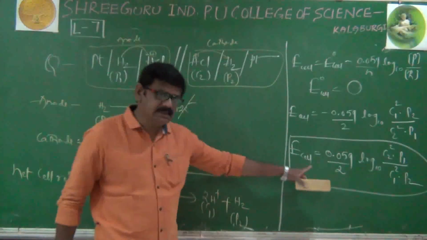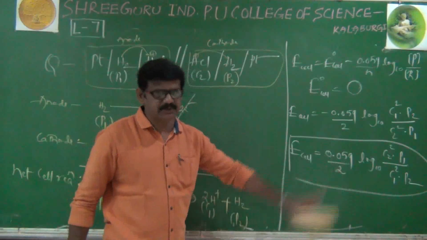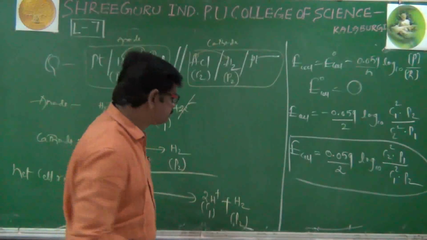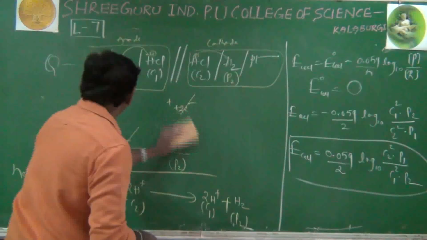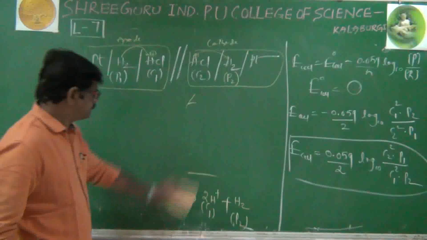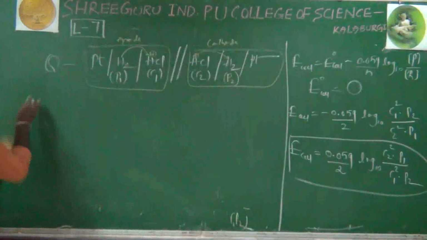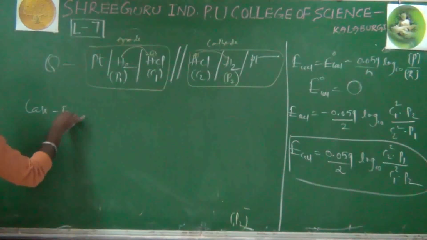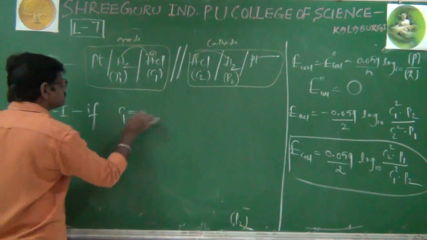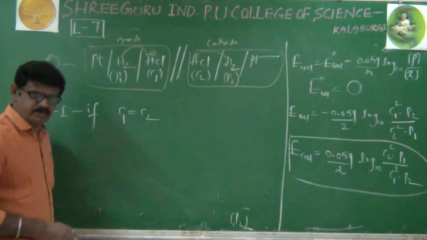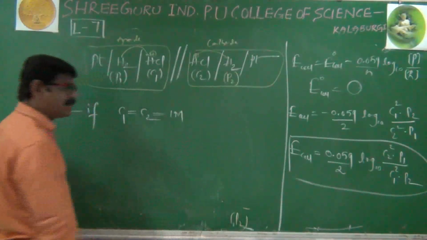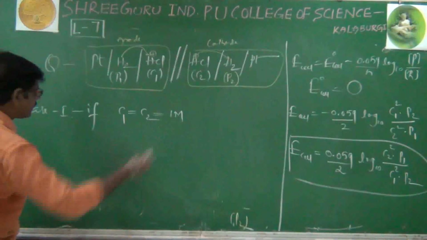This formula is for cell potential only. Here again we can write two cases. Case 1 first. If C1 as well as C2 concentrations are the same, suppose both concentrations are the same, for example 1 molar each, then how will the formula change?